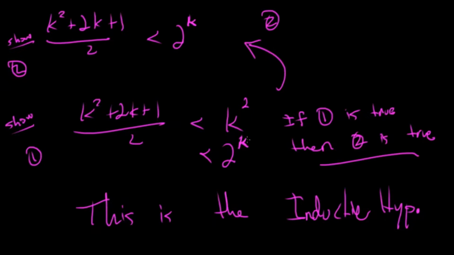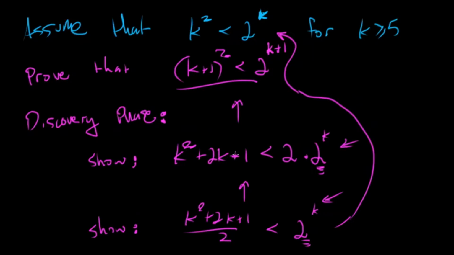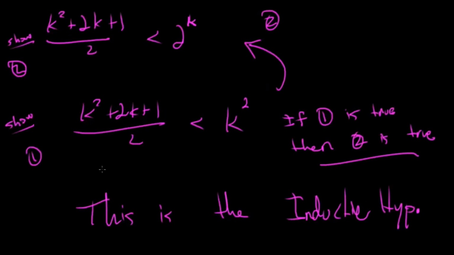So if I can show that k squared plus 2k plus 1 divided by 2 is less than k squared for numbers larger than or equal to 5, I have shown it for 2 to the k as well. So that is my new goal. If I can show this is true, then I've shown this is true, and then I've shown that k squared plus 2k plus 1 is less than 2 times 2 to the k, and I have shown what I wanted to prove in the first place. So we need to show that this is true.